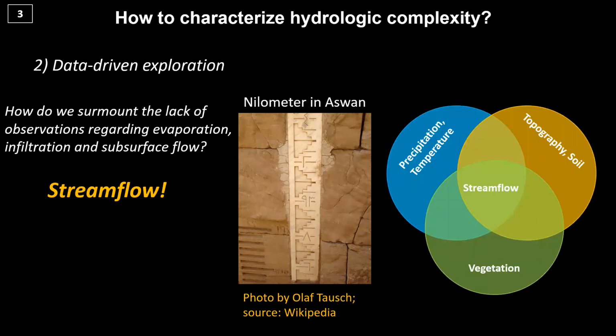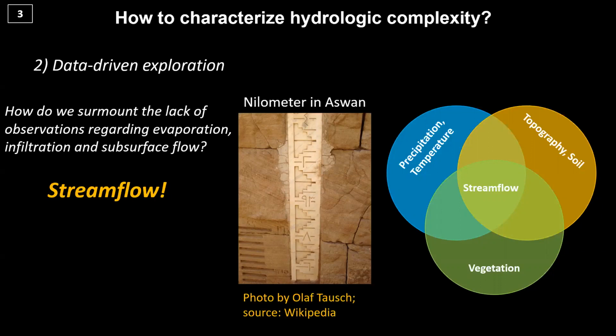But the main argument here is that streamflow is an integrated measure that encapsulates the contribution of climatic variables such as precipitation, the vegetation component, as well as the topography and soil characteristics of a basin.